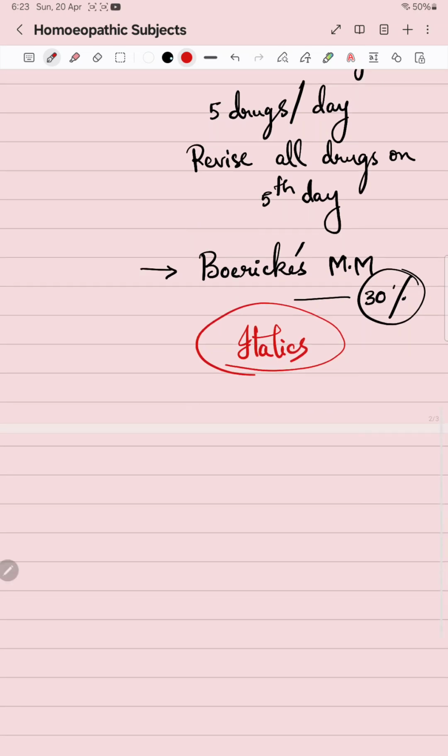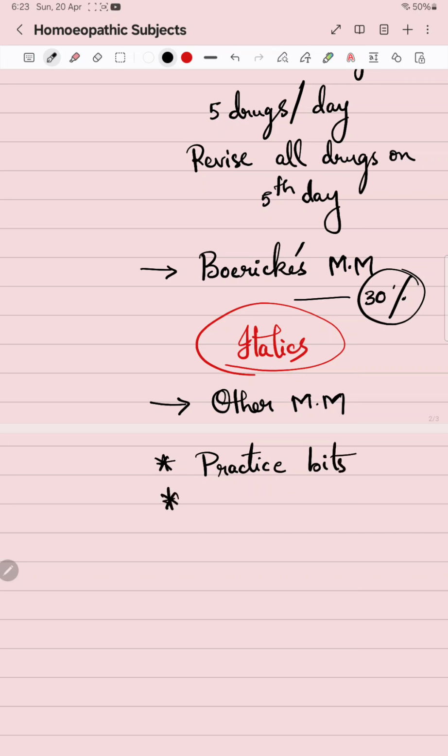And coming to other materia medicas, you can't study each and every materia medica. So, what can you do? Practice the bits, practice various question papers, and then relate them to the materia medica if possible.